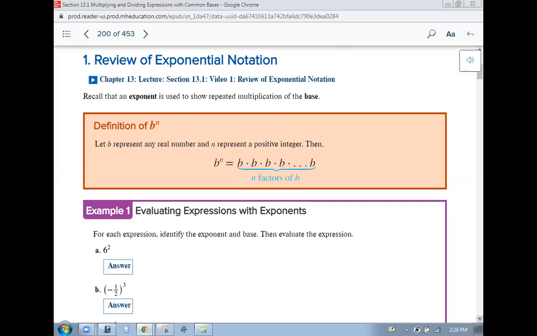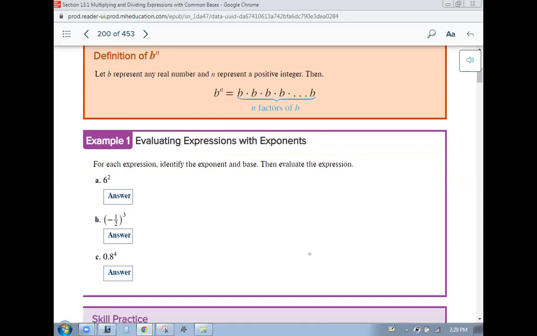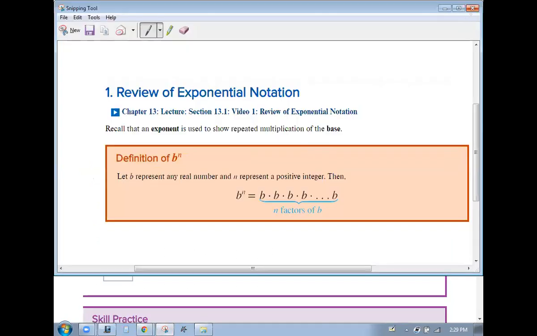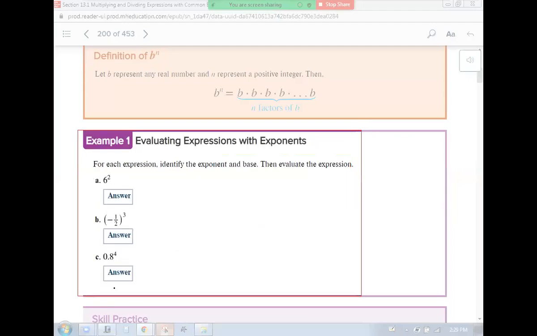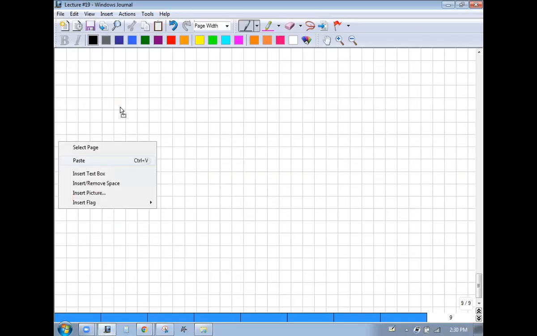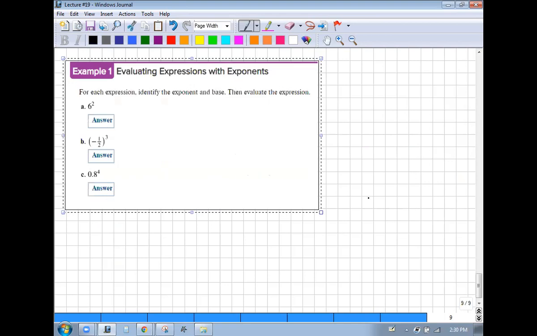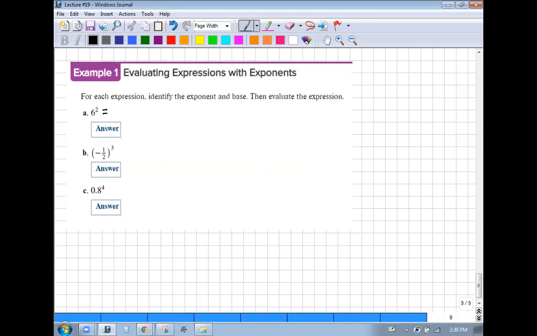So let's look at an example. 6 squared is just 6 times 6, or 36. Negative 1/2 cubed, this is negative 1/2 times negative 1/2 times negative 1/2.